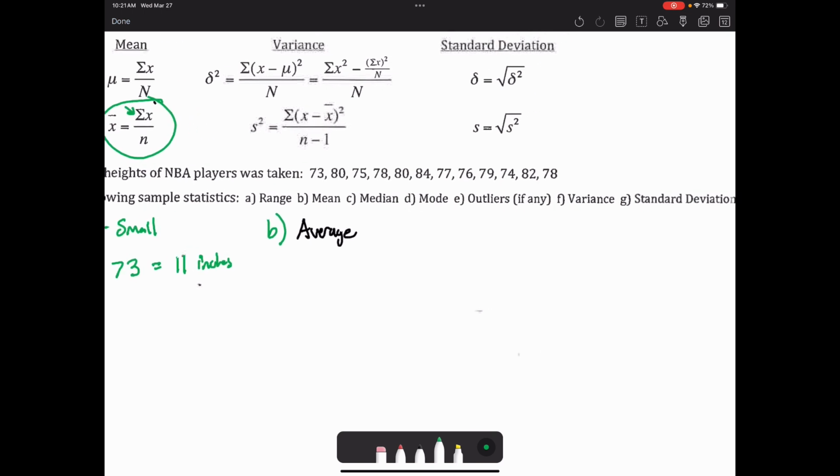Very nice. Median. Median is your middle number. You might be thinking, what's the difference between that and average? Middle number is when I actually order the numbers and figure out which number is actually in the middle.